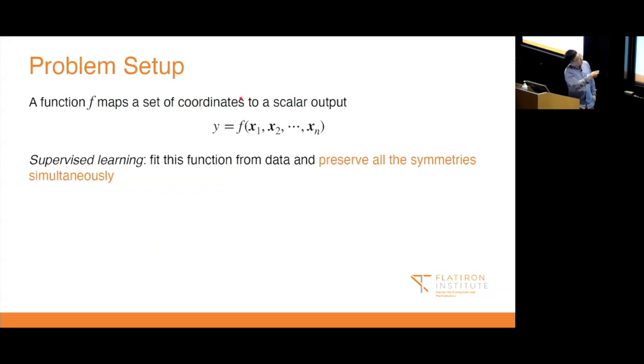One pair of data is a set of coordinates x1 to xn and an output y. Yes, we assume the data intrinsically carry the three symmetries I mentioned earlier.